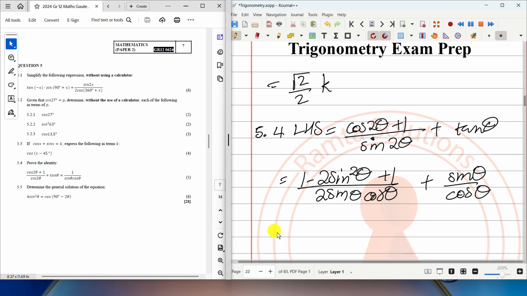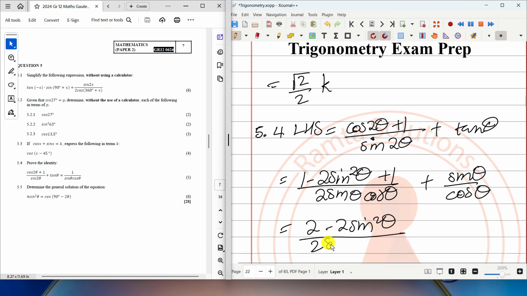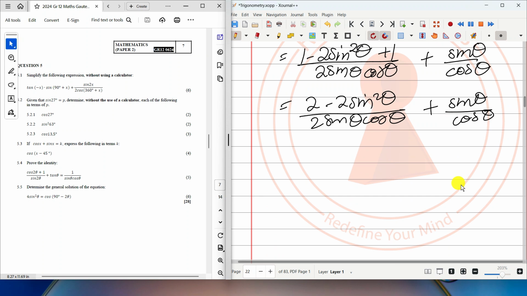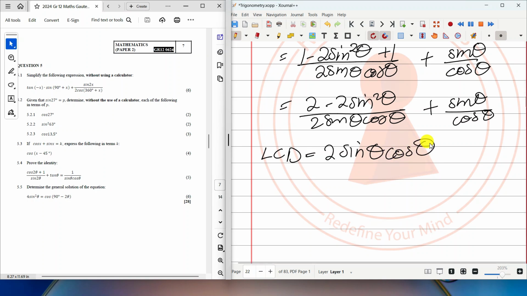Now, let's simplify the numerator: this is 2 minus 2 sine square theta all over 2 sine theta cos theta plus sine theta over cos theta. Now the lowest common denominator will be 2 sine theta cos theta.